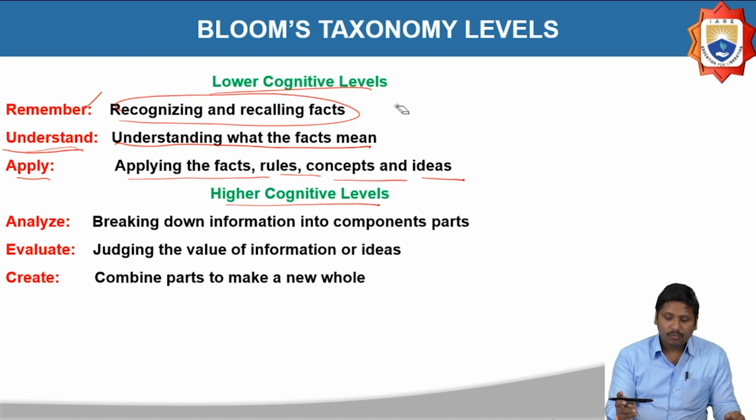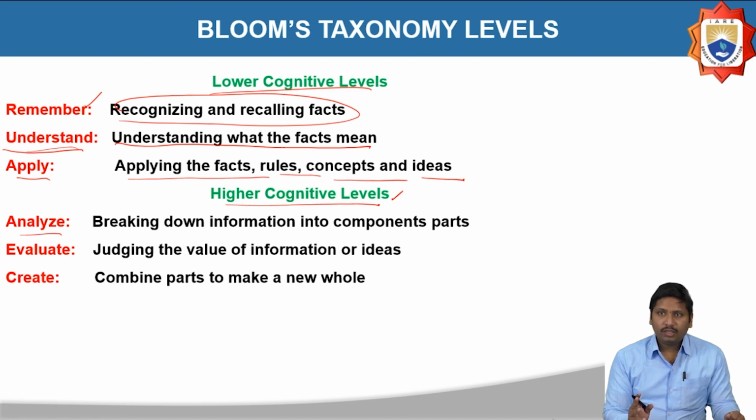Similarly, the higher cognitive levels are analyze, where we analyze very carefully and break down the information into various component parts, then evaluate, evaluating the information or ideas, and then create, combining the parts to make a whole.